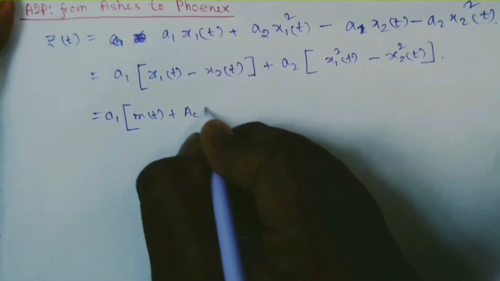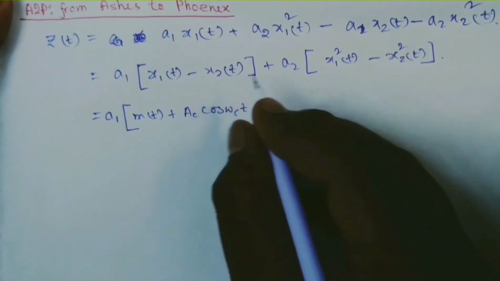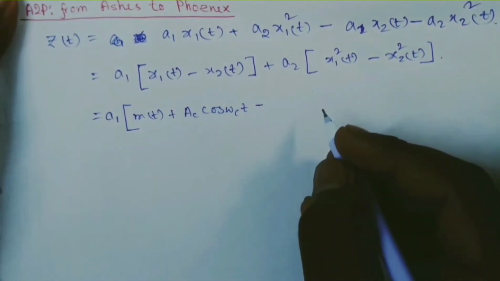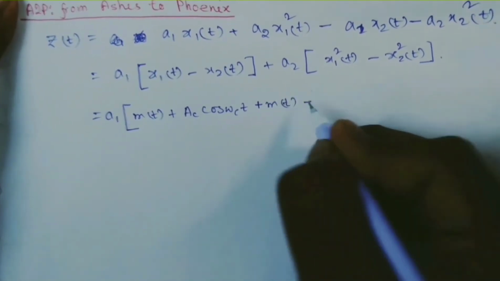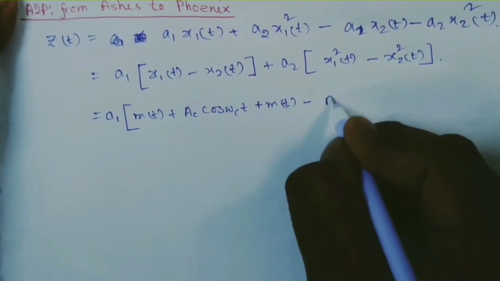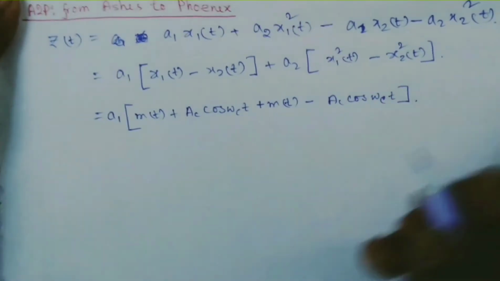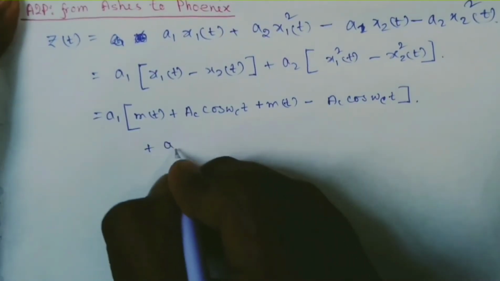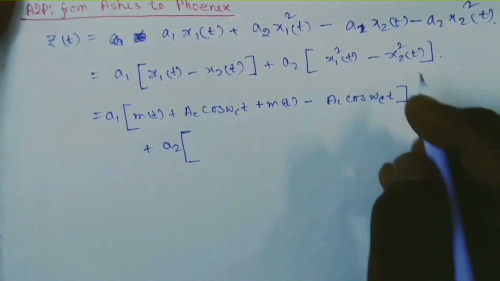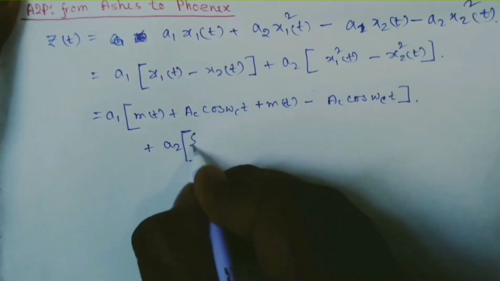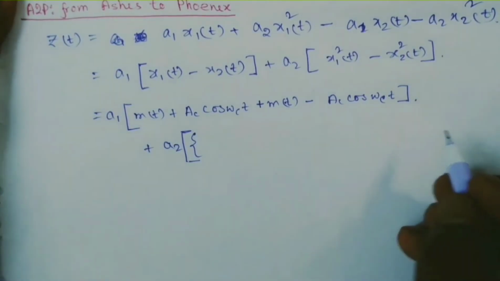which is m(t) plus Ac cos omega c t, minus x2(t), which is minus m(t) plus Ac cos omega c t, that is plus m(t) minus Ac cos omega c t, plus a2 into, this is a square minus b square, so (a plus b) into (a minus b), that is (x1(t) plus x2(t)) into (x1(t) minus x2(t)).